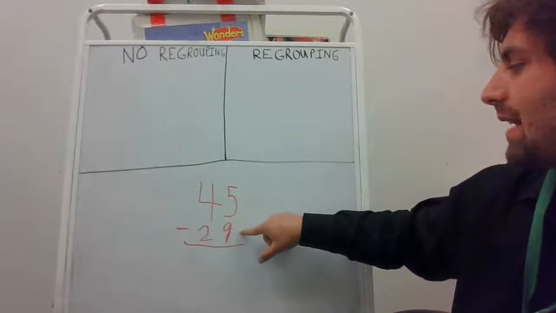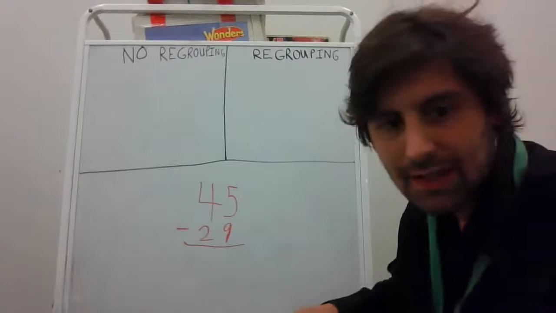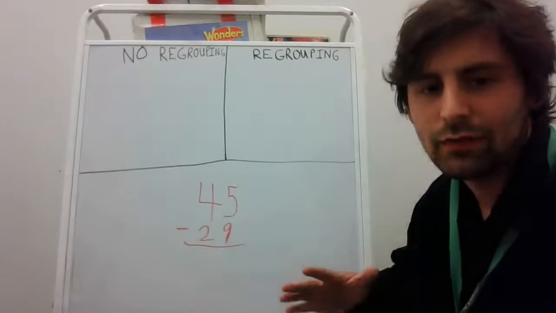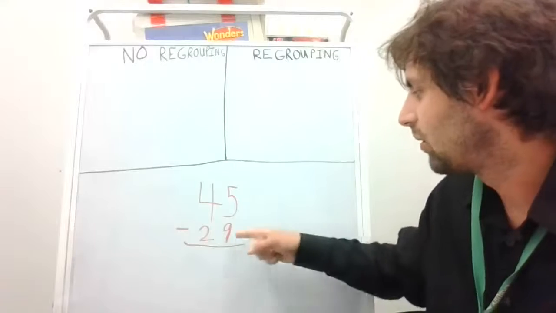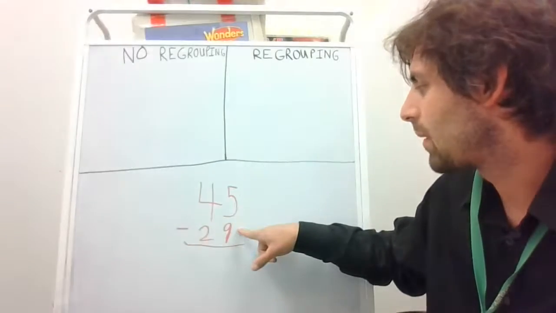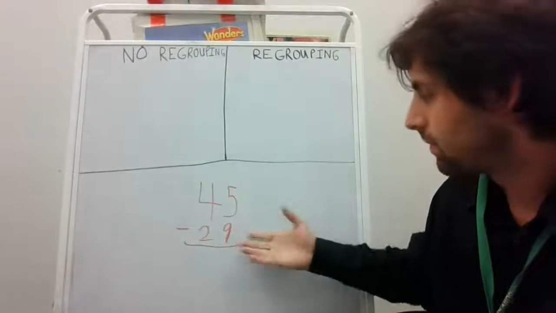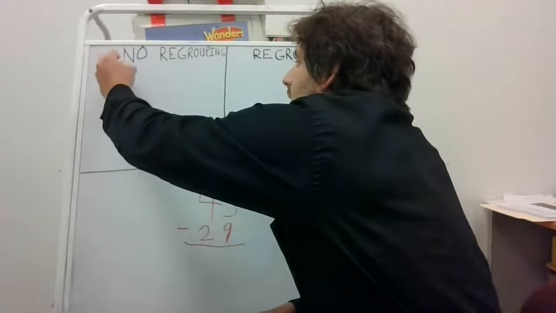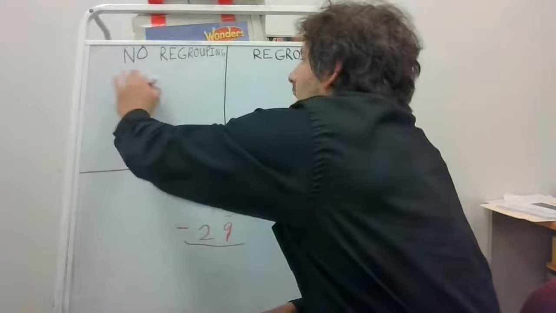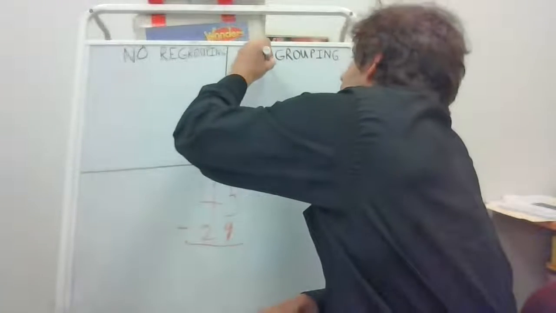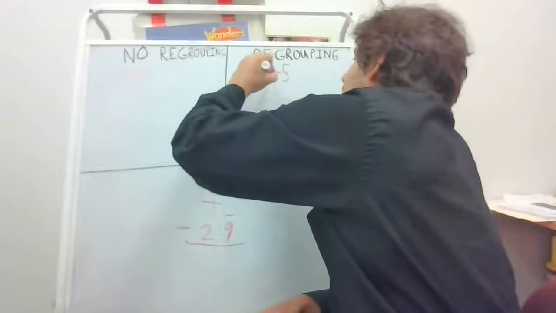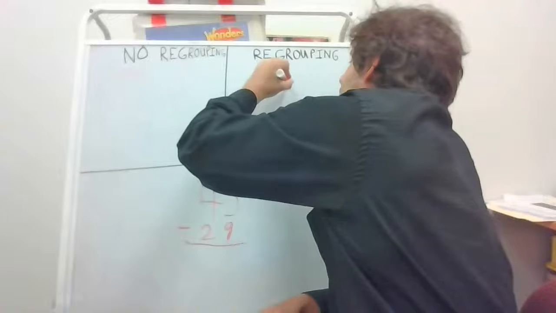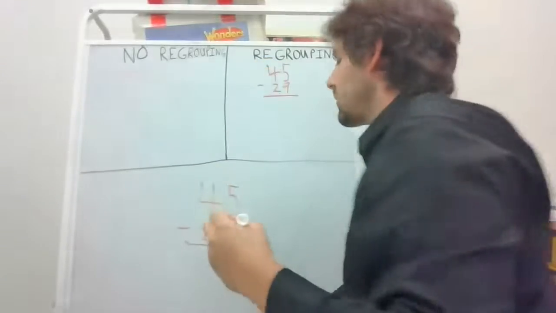Now, 9 is bigger than 5. You cannot subtract 9 if you only have 5 to start with. So this is a problem that will require regrouping. This problem would go in the regrouping category. 45 minus 29 is an example of a problem that does need regrouping.